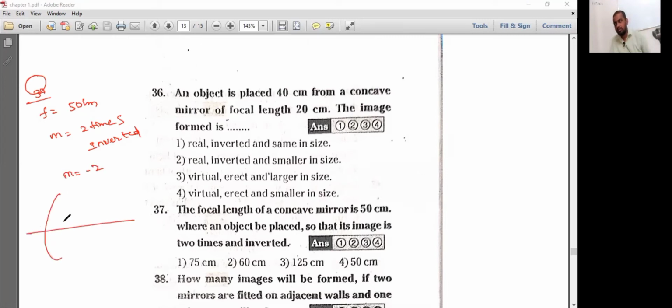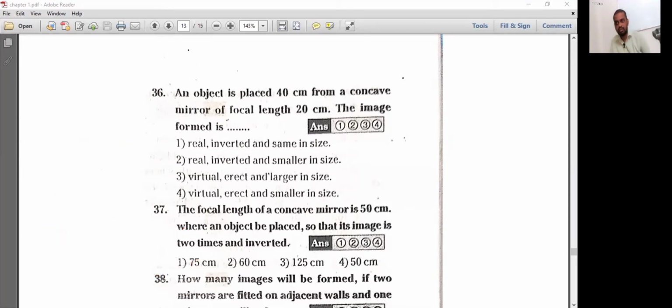So -2 is nothing but a real, inverted, enlarged image. Focal length is 50 centimeters and the center of curvature will be 100 centimeters. The image will be beyond C, so to get such an image, we place the object between F and C, that is, between 50 centimeters and 100 centimeters. Option 1 is the correct option.